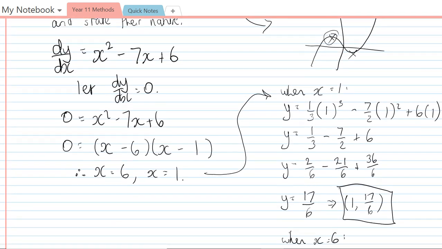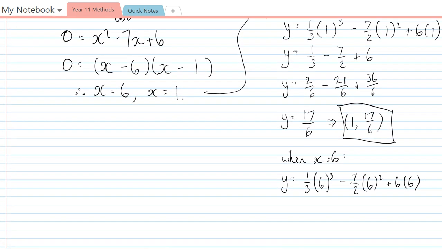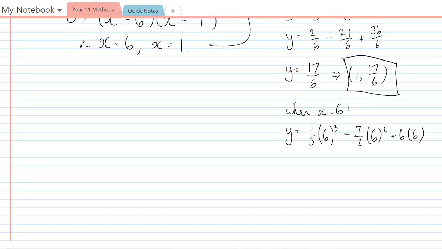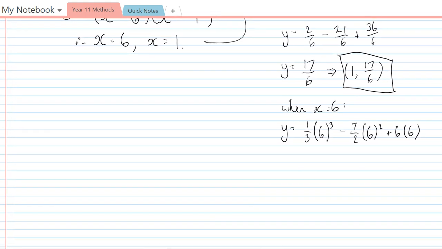If I've remembered that equation correctly. Yep. Okay. This isn't so nice to evaluate by hand. So I've got 1/3 of 216 minus 7 halves of 36 plus 36.